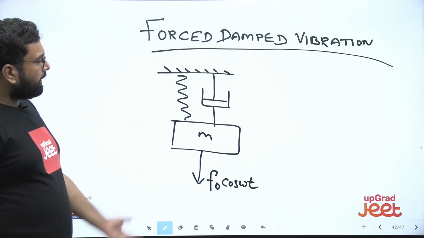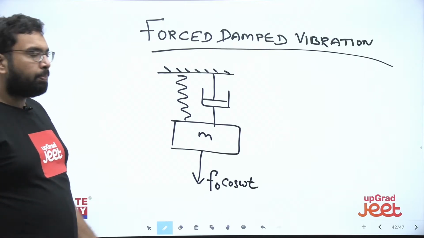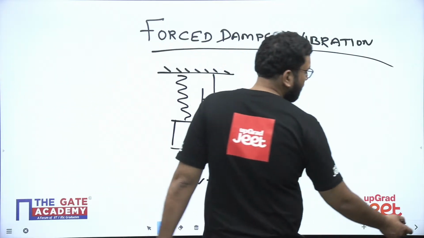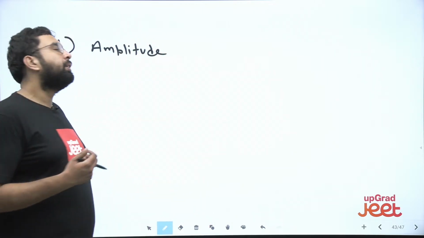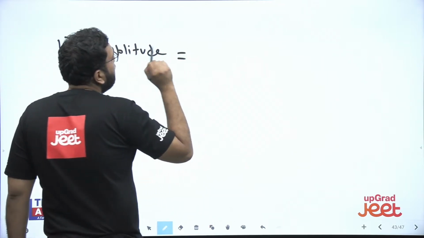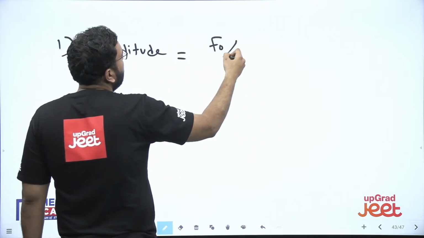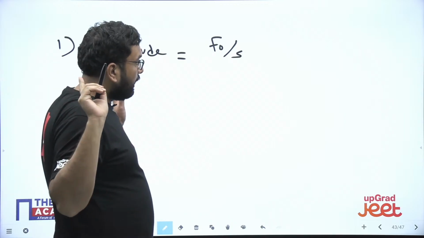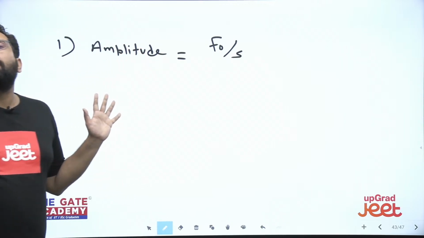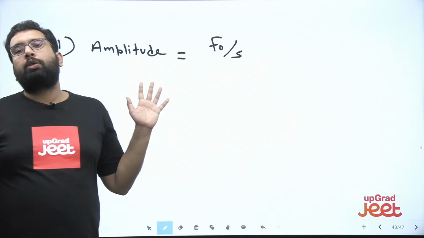Okay, so again we can do all these things, but I'll be coming to the point, as this is the score booster session. We are here to mention the important concepts and the formulas. The first formula is of amplitude. It is going to be F naught by S, where F naught is the initial maximum magnitude of the unbalanced force, which is also periodic.